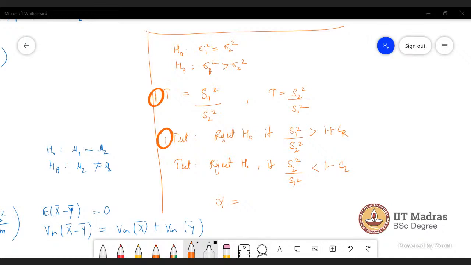Yes, exactly, that's what I meant. Let me check. Yeah, similarly for the other one as well, the same applies. We can consider S1 square by S2 square or S2 square by S1 square. Based on that, the values will change.